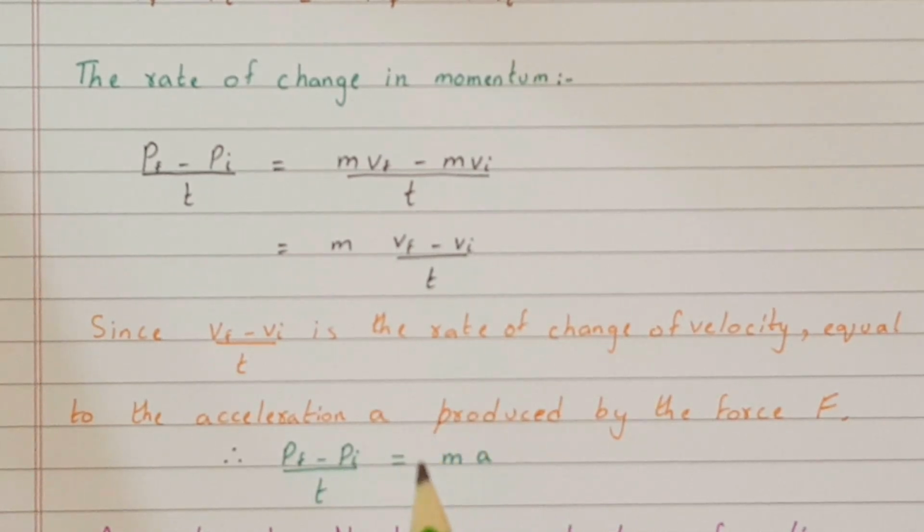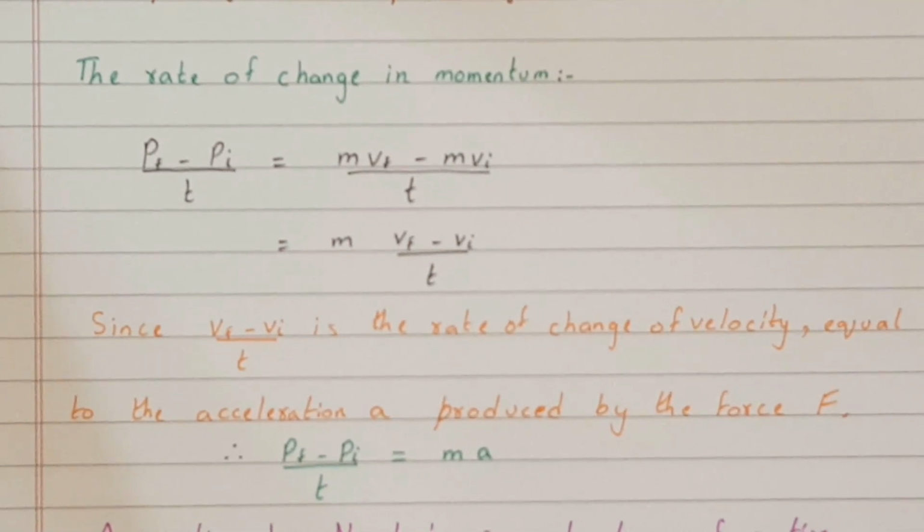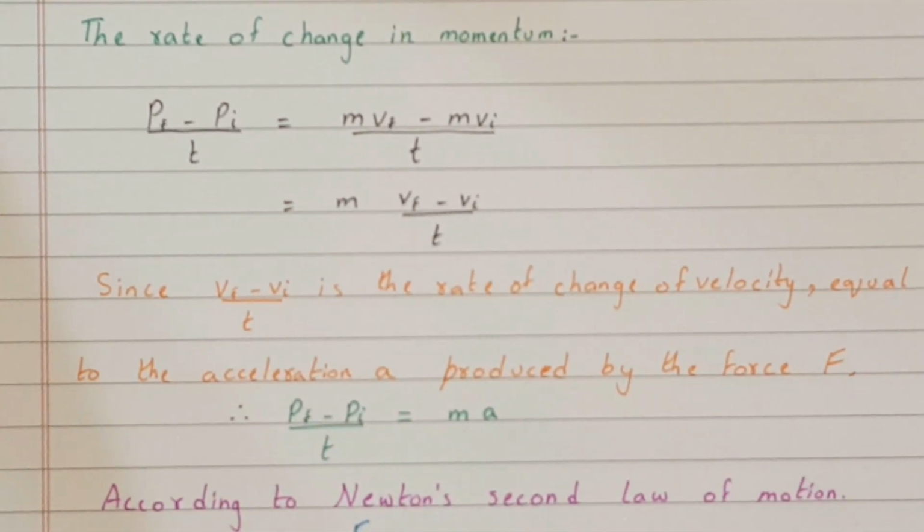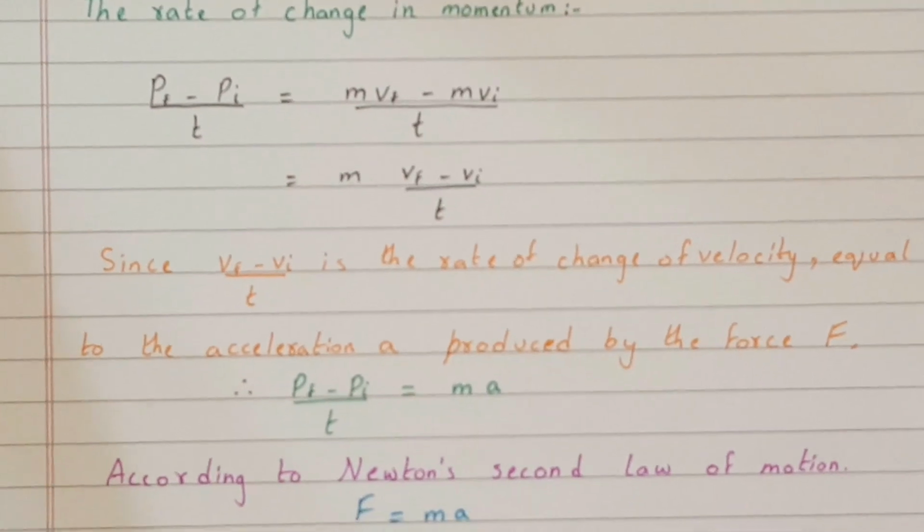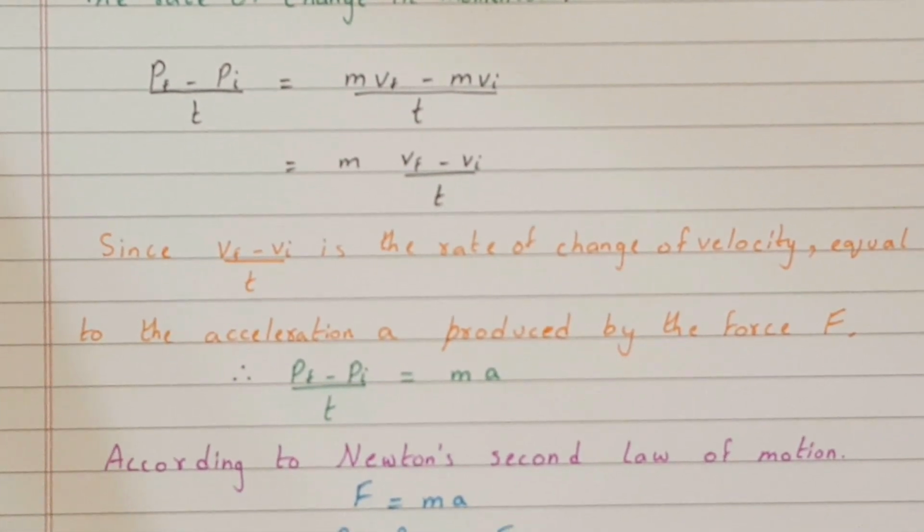Now dear students, did you get any idea from this equation ma? Isn't it Newton's second law of motion? Yes, it is. According to Newton's second law of motion, the force applied on the body equals mass times acceleration.